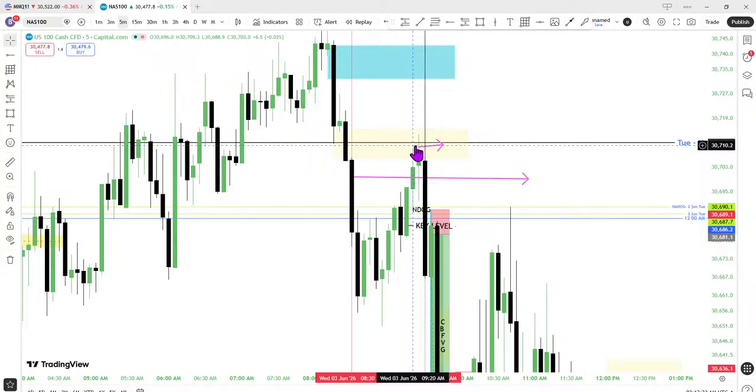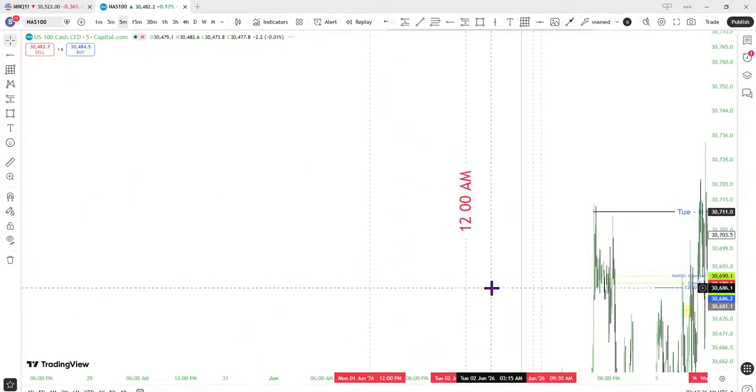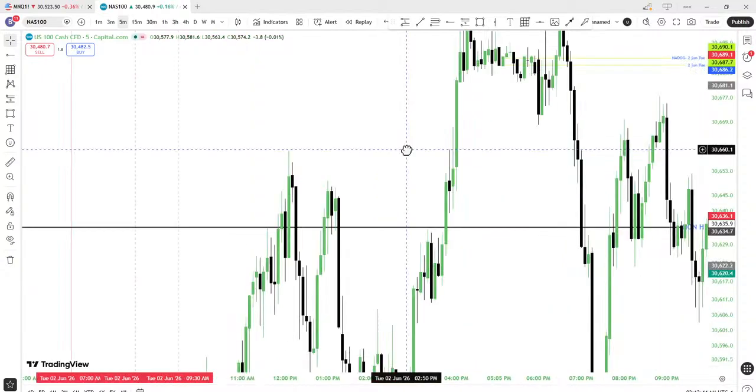It's only the wick of the candles that moves above it. The same thing that happens over here is the same thing that happened on Wednesday, the same thing that happened on Tuesday, and the same thing that happens today. The same previous day high and previous day low. It's the same thing I'm teaching here, with real price action and institutional order flow.